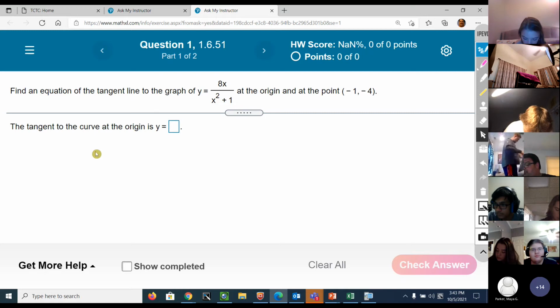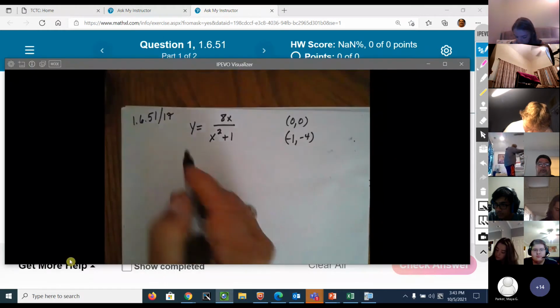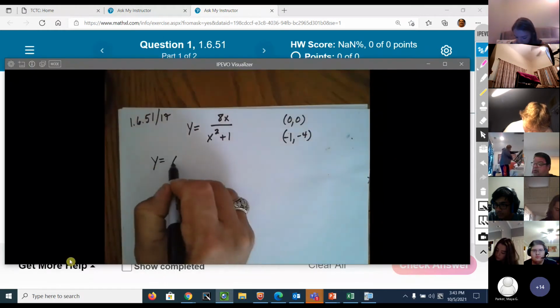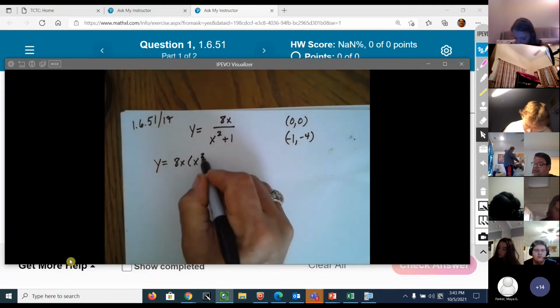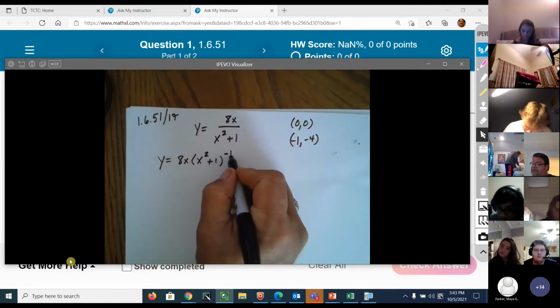So at the origin, (0, 0), and at (-1, -4). Okay, the first thing I'm going to do is rewrite this for the product rule. y is equal to 8x times (x squared plus 1) to the negative first power.